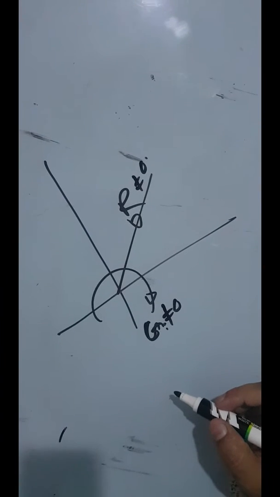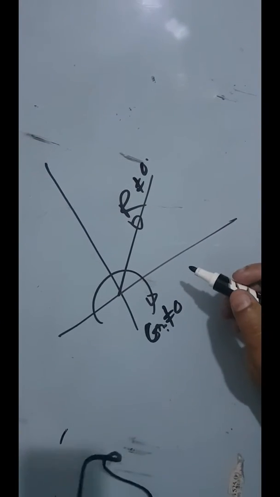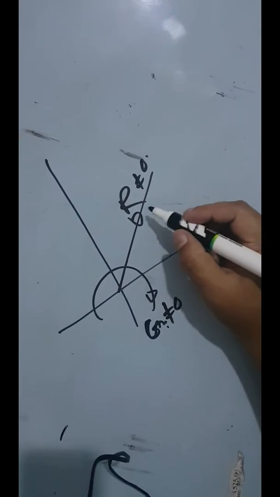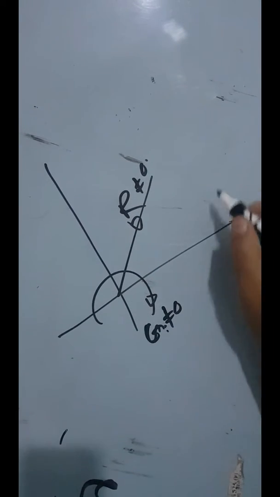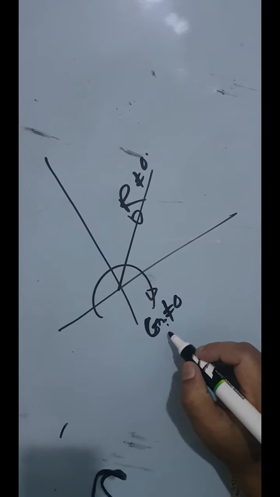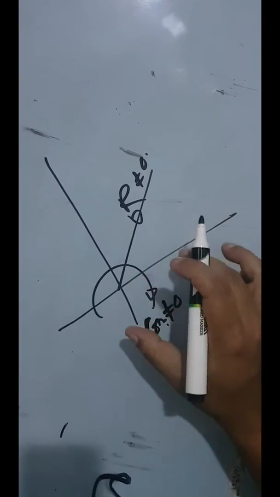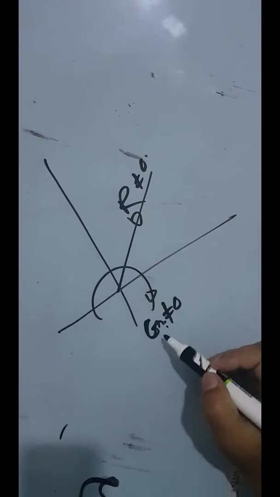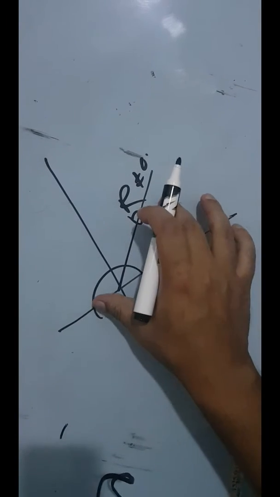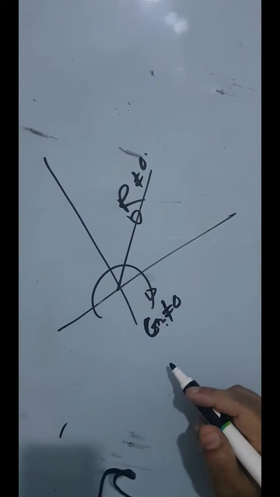But what if you want to find the line of action of R where there will be no couple? How do you find that? You want to reduce the system. Now we have R and G, but you want to reduce the system only to a single force.